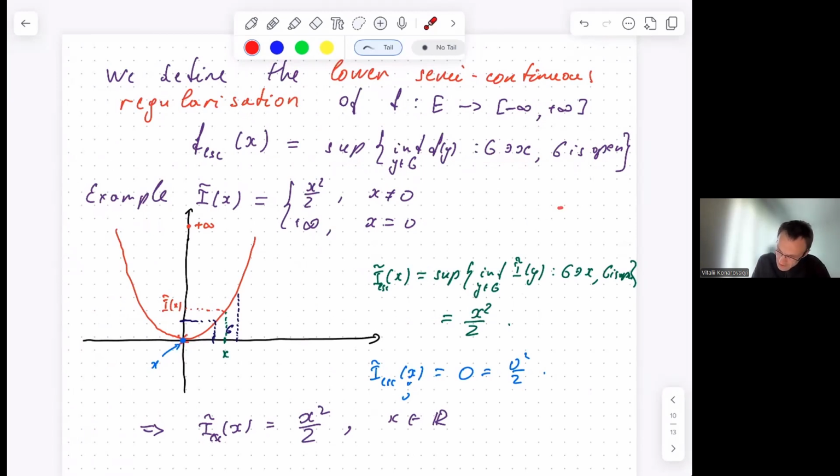Now that supremum is larger than alpha, and it means that there exists at least one open set G containing x such that this infimum is larger than alpha.